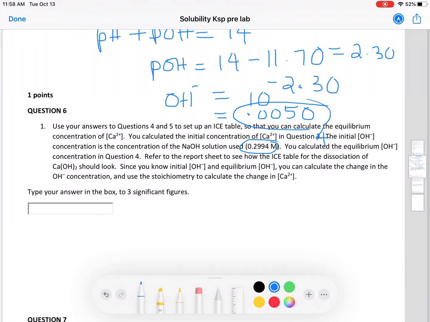That's the initial concentration of hydroxide. And then we calculate the equilibrium hydroxide concentration in question 5, which is 0.005. Refer to the report sheet for how the ICE table for the dissociation of calcium hydroxide should look. Since you know initial hydroxide and equilibrium hydroxide, you can calculate the change in the hydroxide concentration.